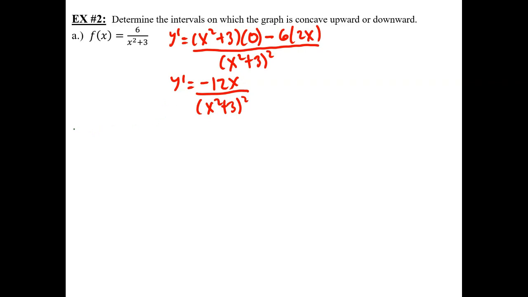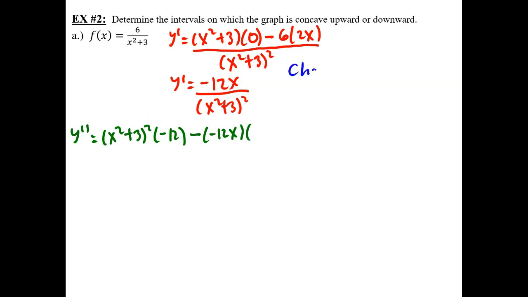How about the second derivative? So y double prime is equal to, we have a quotient also, low d high minus high d low, over low squared. So low, we have x squared plus 3 squared times the derivative of high, negative 12, minus high, we have negative 12x, times the derivative of the low.